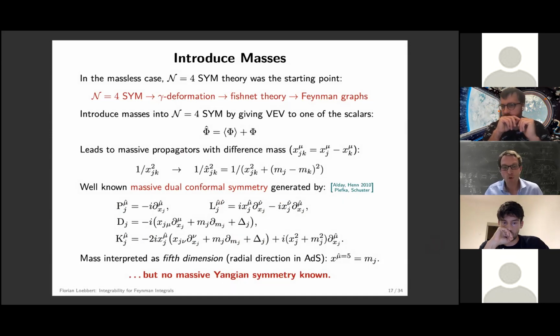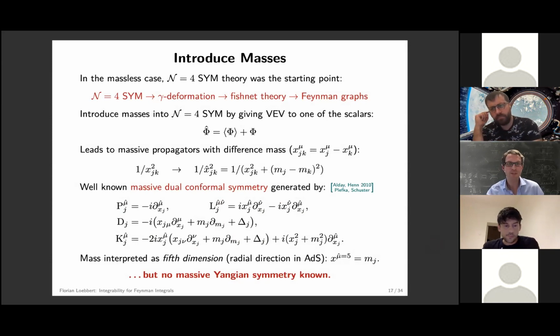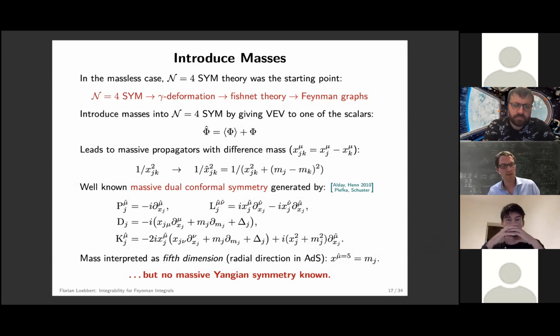However, there's no known massive Yangian symmetry in this massive phase on the Coulomb branch of N=4 super Yang-Mills theory. So even if we would start with this massive theory and would then take a similar limit, we could not really argue that the Feynman graphs we find should have Yangian symmetry, because already at the starting point, we don't know that there is a Yangian symmetry.